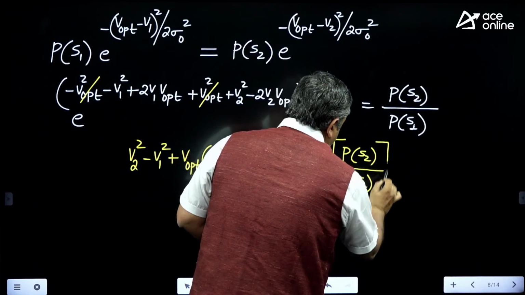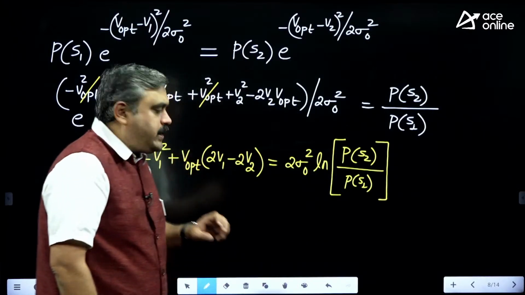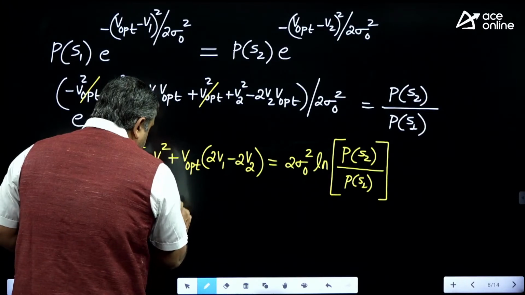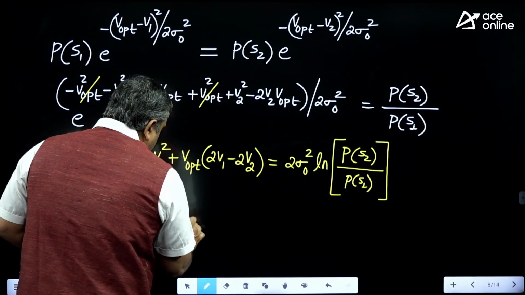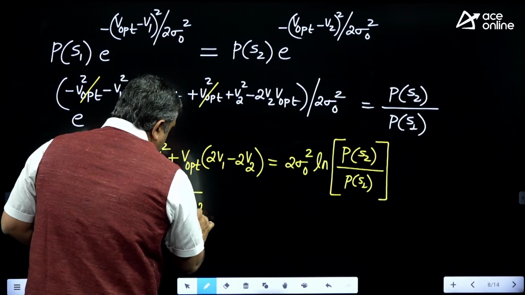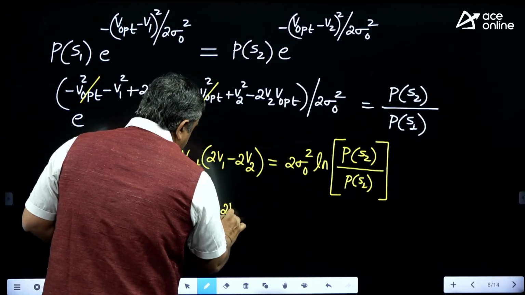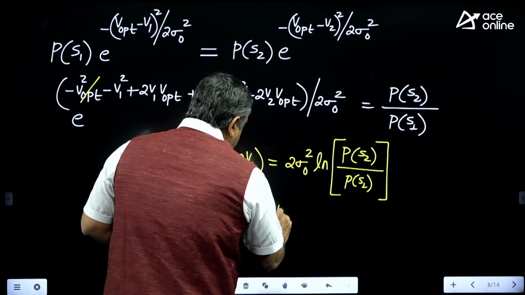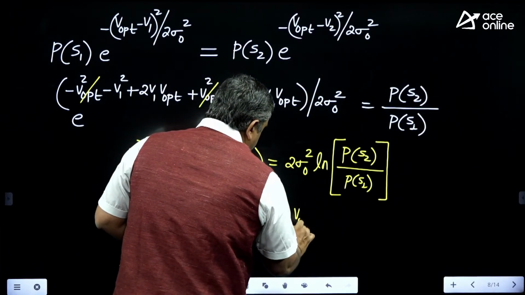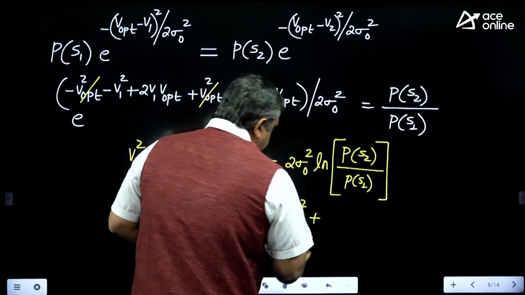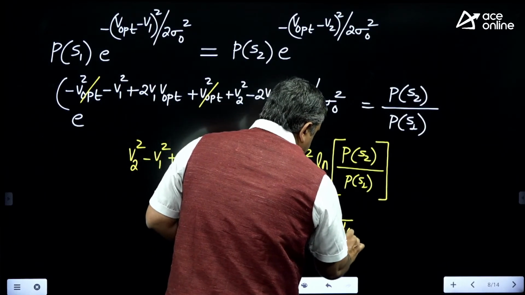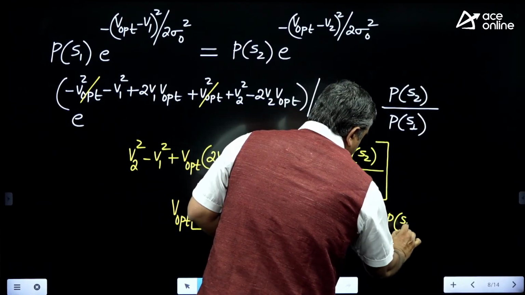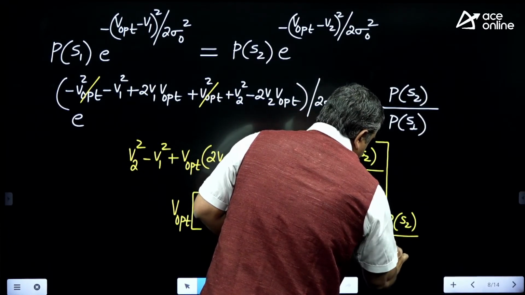Ln is natural logarithm, be careful. Okay. Now, what is my requirement to find VOPT? So I am taking VOPT into 2V1 minus 2V2 is equal to V1 square minus V2 square plus 2 sigma naught square into natural logarithm of P of S2 by P of S1.